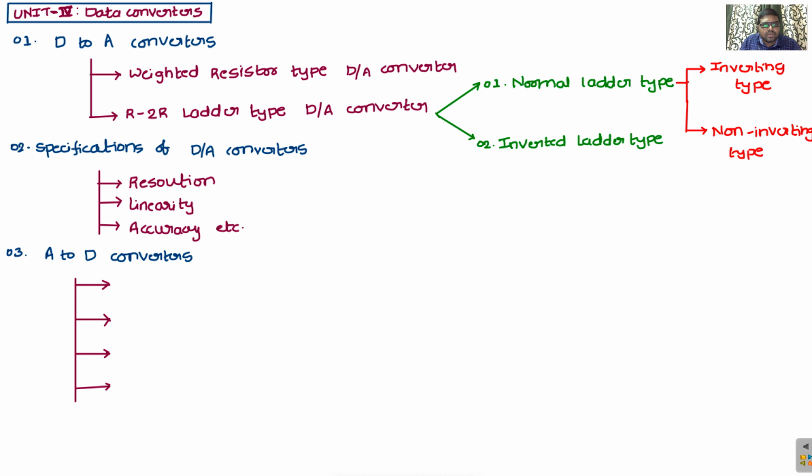The first one is comparator type, which is also called parallel type, and flash type, which is also called flash type ADC, that means analog to digital data converter.